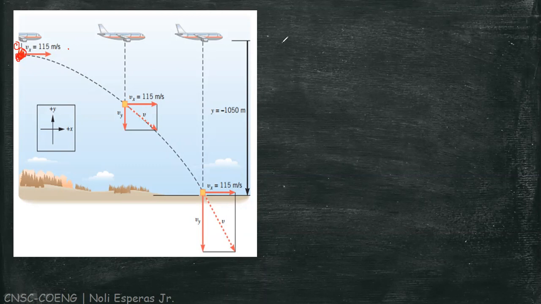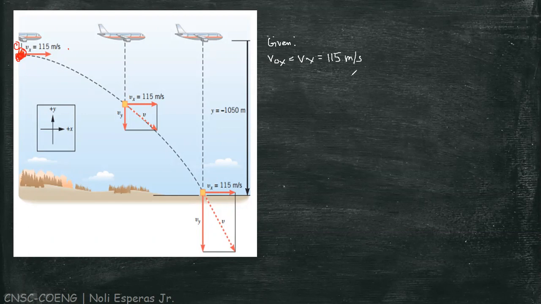So what are our given data or values? We have the x component of the initial velocity of 115 meters per second.